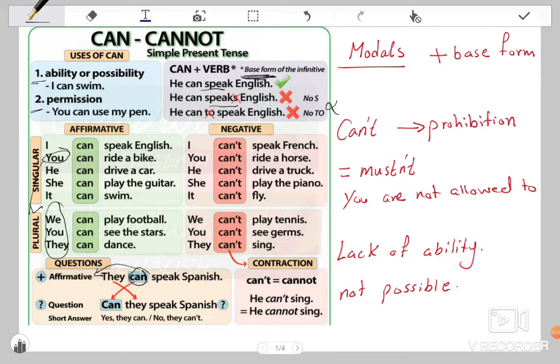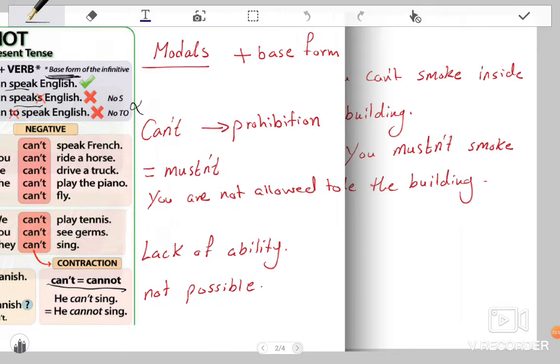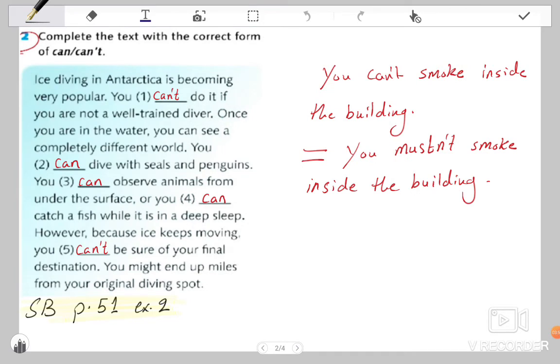Yes, they can, or no, they can't. And please take care of the short form and the long form. Can't is the short form. Cannot is what? The long form.